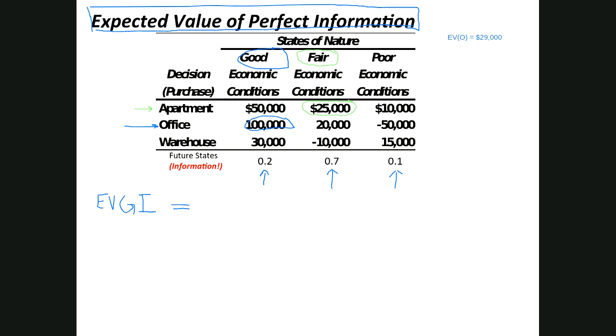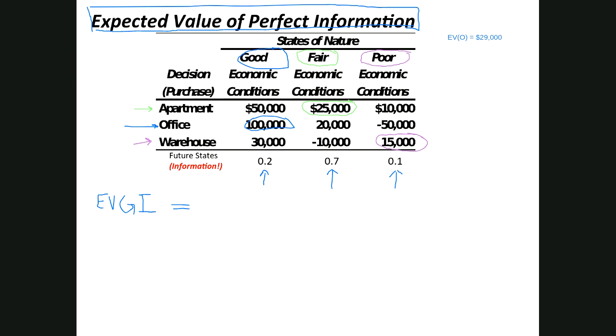And if the analyst told us that the economy was going to be poor, we would actually invest in the warehouse, because that would return $15,000. In each one of these cases, that's the largest return given the economy.